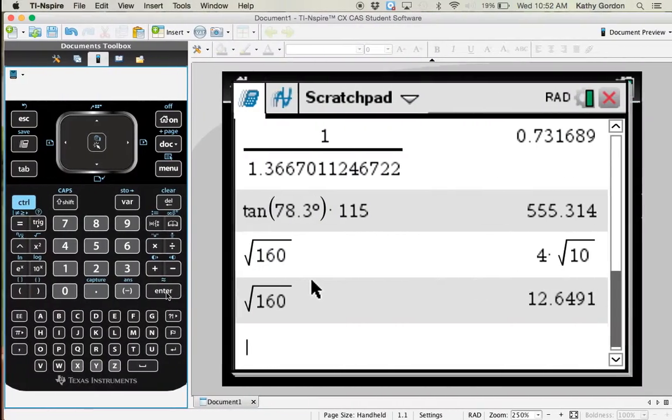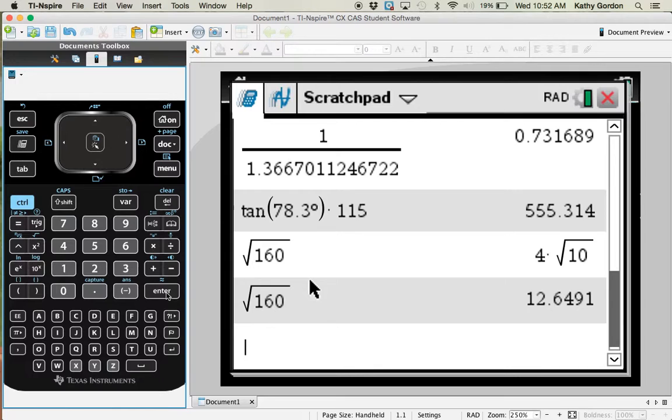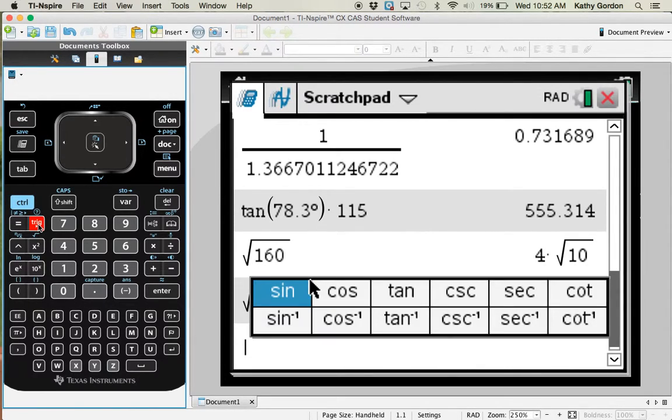And so on a calculator, which is all we're going to be concerned about at the moment, I go to my trig button again, and now what I'm interested in is this second row. All of these that have the little negative ones, okay, that's kind of like the inverse we were talking about with functions just a few days ago.